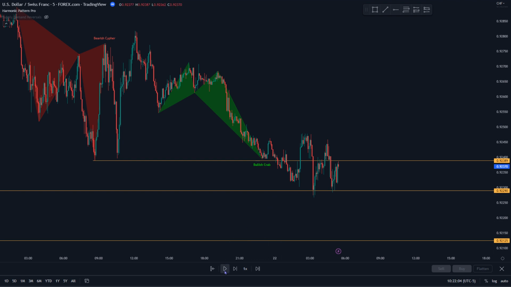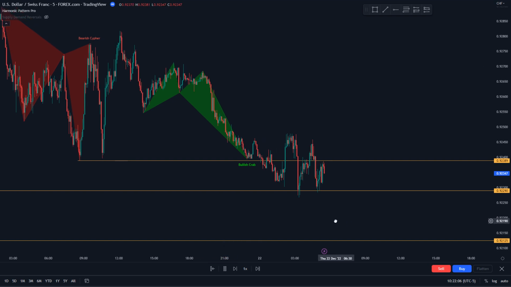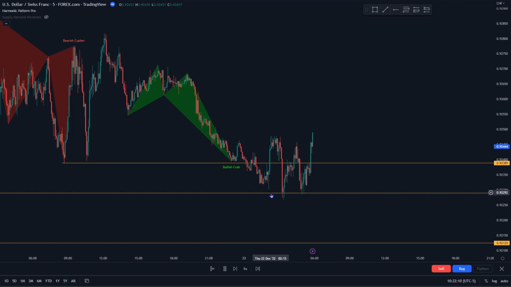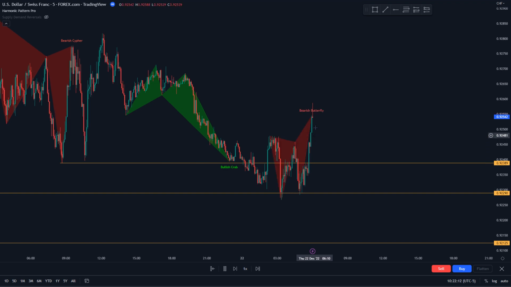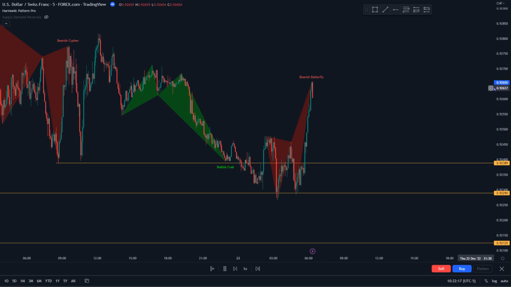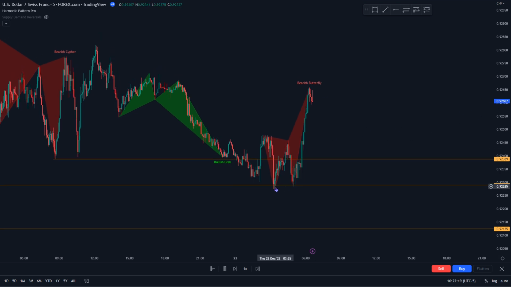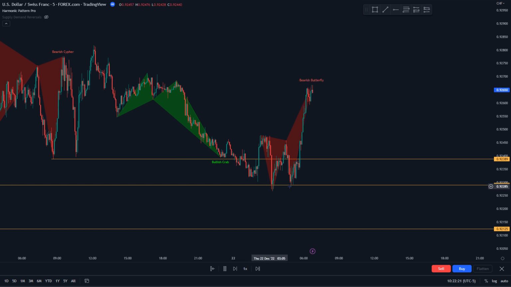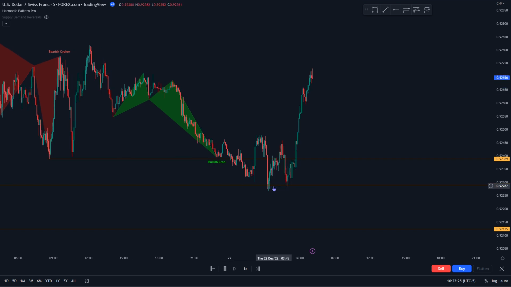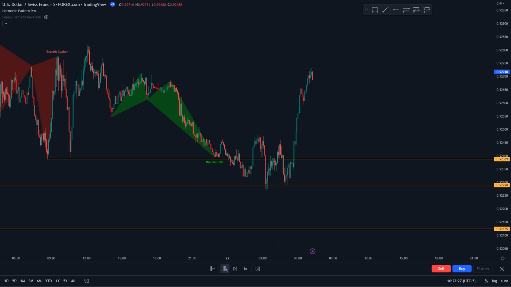As I continue to play it, we can see it obviously hits our ultimate objective and now it flies up. But again, we've at least taken partials, if not full profit, at this level. And obviously you can see how sensitive price is to that 1.27 level from our 1 hour pattern.